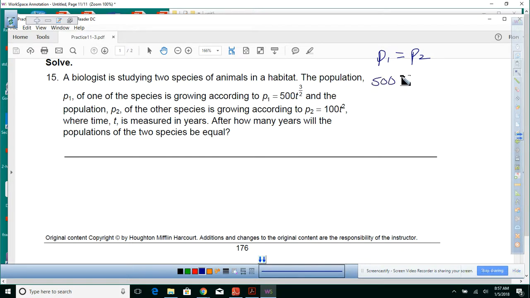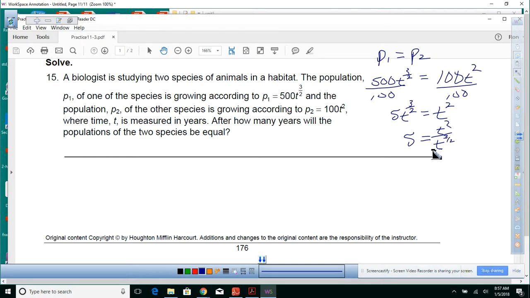We got 500 T to the 3/2 equals 100 T squared. All right, so what do we do here? Well, let's divide both sides by 100. And that gives us 5T to the 3/2 equals T squared. Divide both sides by T to the 3/2, so that gives you 5 equals T squared over T to the 3/2.